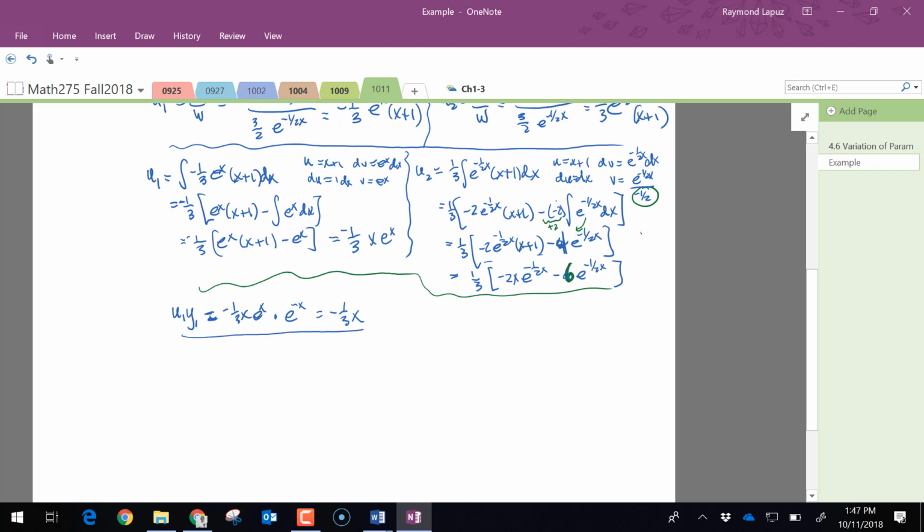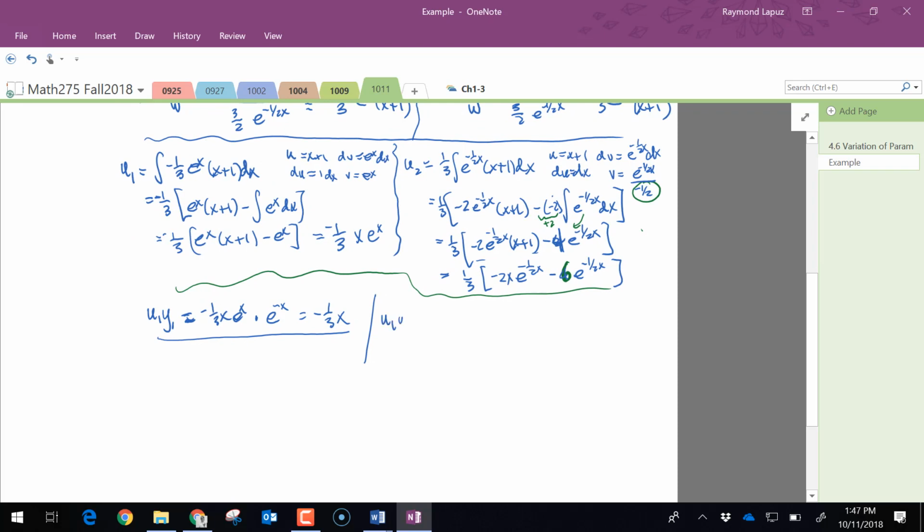And then the second one was a little bit more difficult. u1, y1 is 1/3 -2x 1/2 x 6e to the -1/2 x. And then we're going to multiply this by e to the +1/2 x.